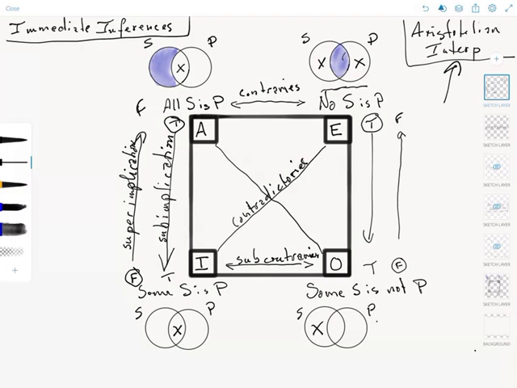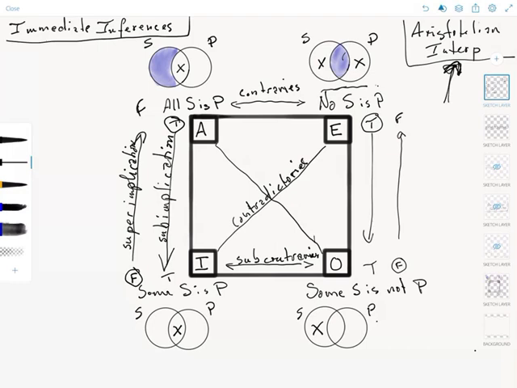These inferences are contradictories across the diagonals, contraries across the top, that's for universals. What about universals? Universals cannot both be true. Subcontraries across the particulars, subcontraries cannot both be false. And now we have subimplication and superimplication. Subimplication starts with the universal on the Aristotelian interpretation, in other words, with the existence built in, the X's.